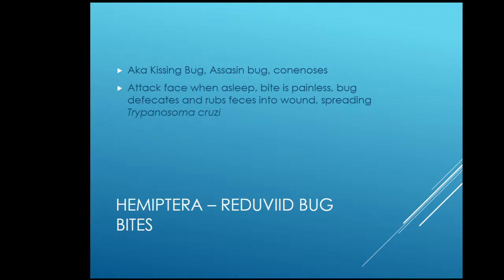The other organism from this order is the kissing bug, or Reduviid bug, from family Reduviidae. This is a nocturnal animal, so at night this bug bites people on the lips or the conjunctiva of the eyes.